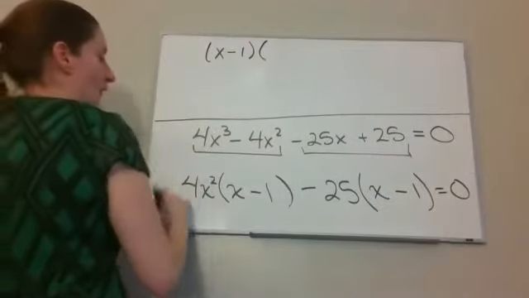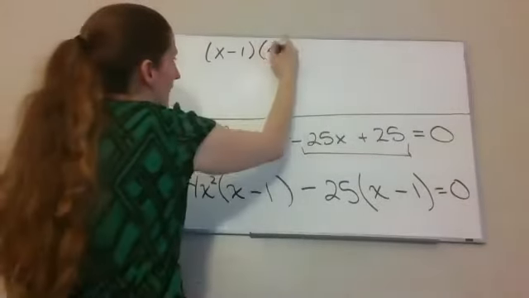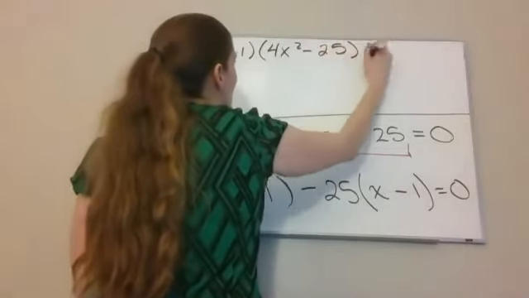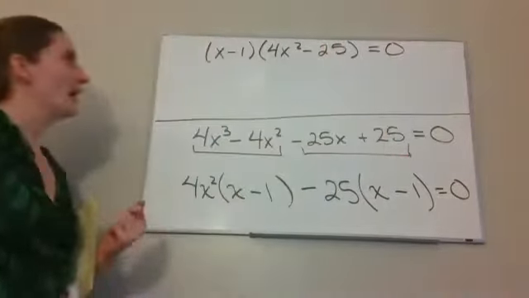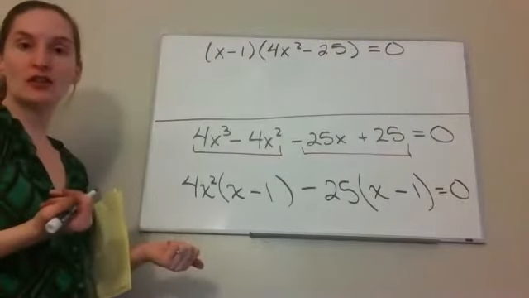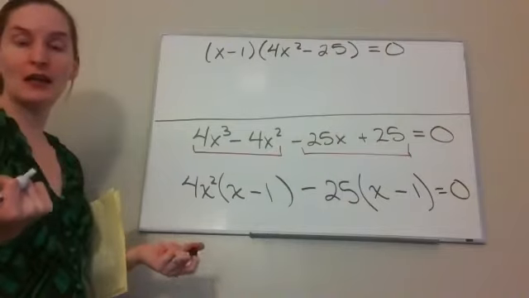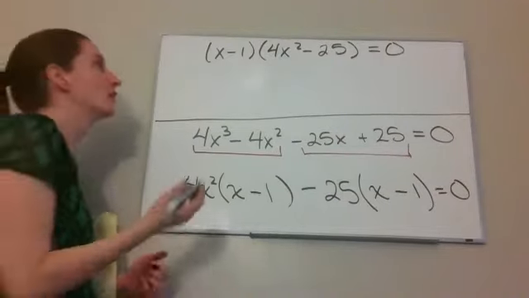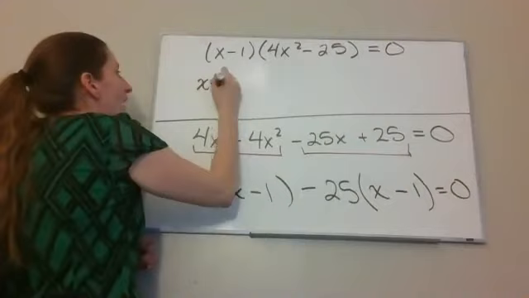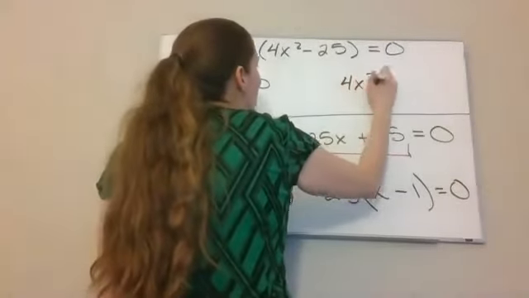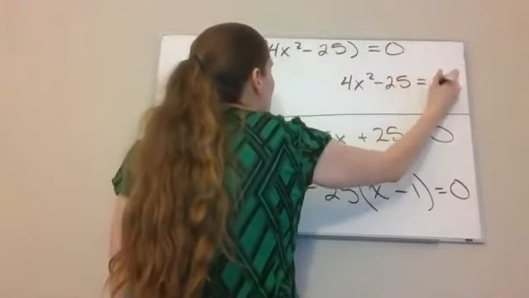And that leaves a 4x squared and a minus 25. And now I have just a product equaling 0. So we can use our zero product property from one of our previous videos. This tells me either x minus 1 is 0 or 4x squared minus 25 is 0.